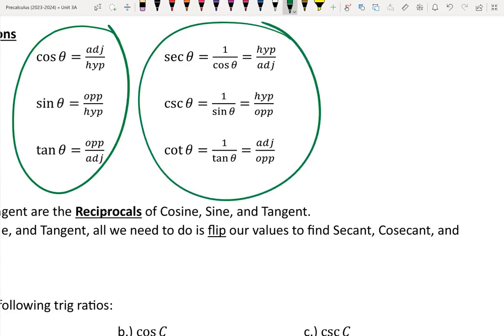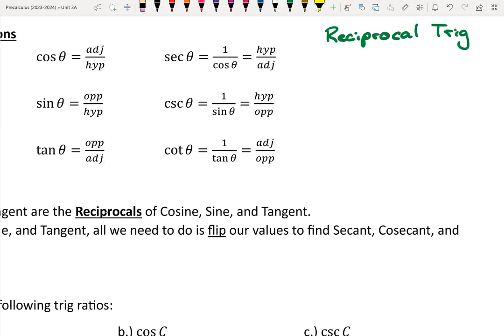Some of you may have seen them before, but these are what we call our reciprocal trig functions. Not the inverse. These aren't inverses. These are reciprocals. And hopefully we can see that if we have cosine, cosine is adjacent over hypotenuse.